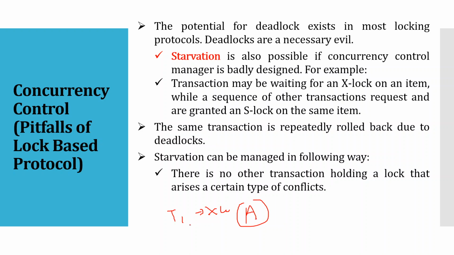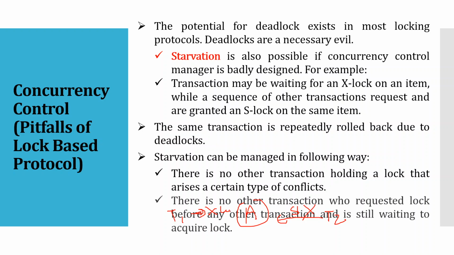So this is the request already made, and after this request was made, T2 is asking for a shared lock, that is S lock. So this request should not be accepted because T1 has already asked for some type of lock. So whatever requests have come earlier must be responded to first, not the newer request.